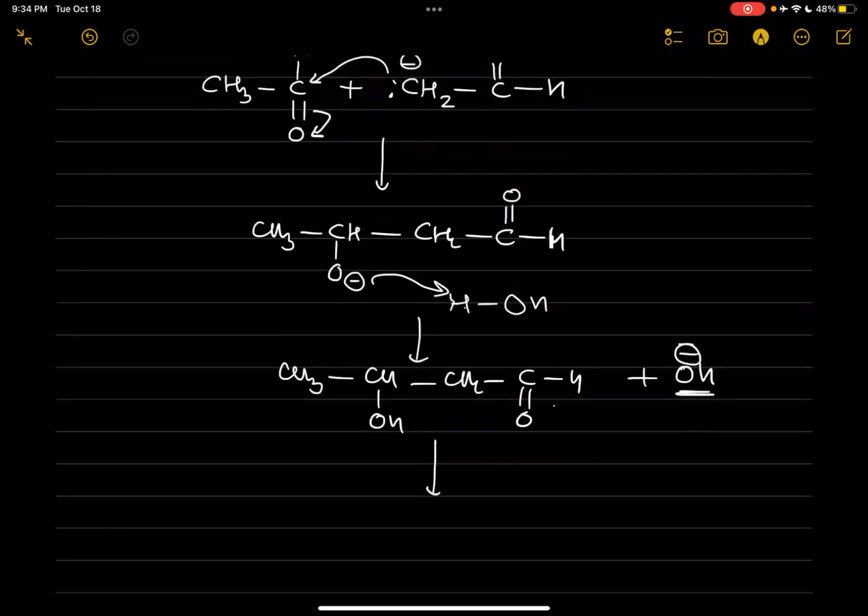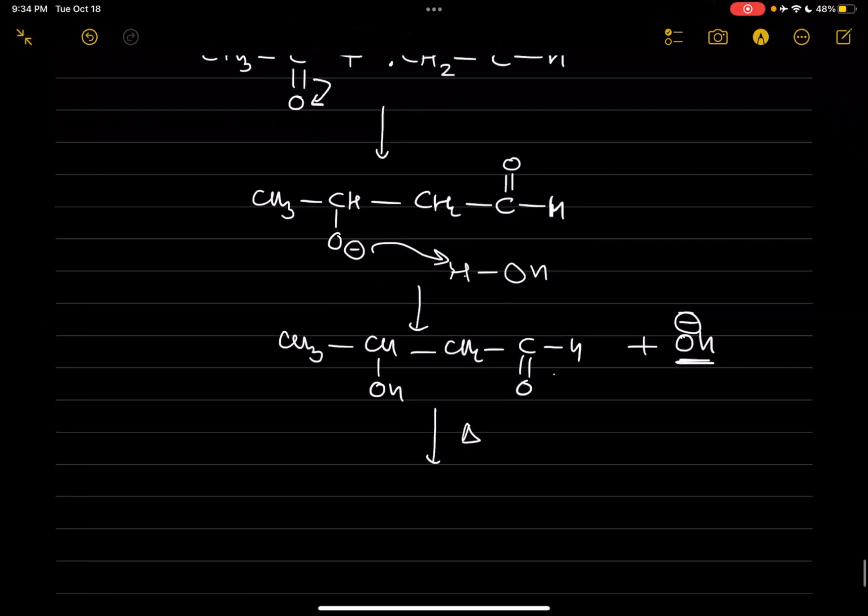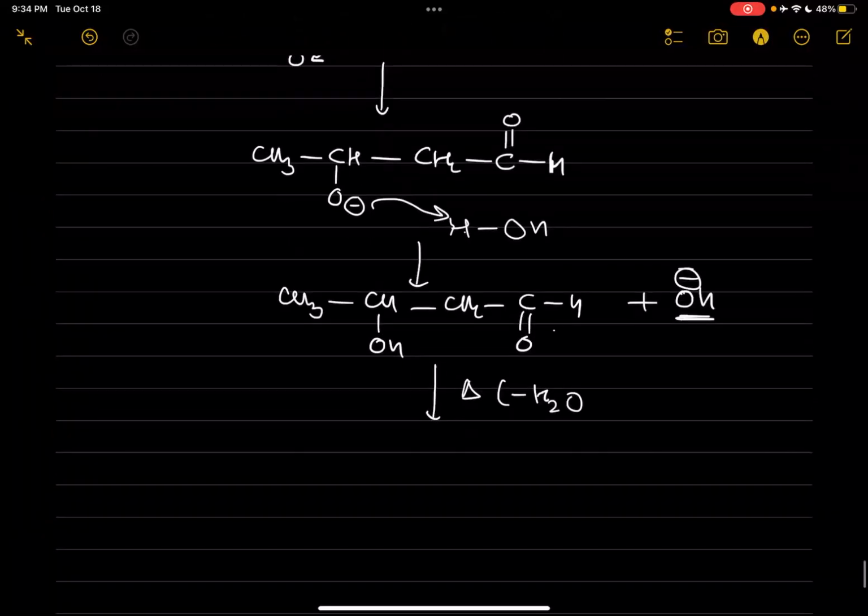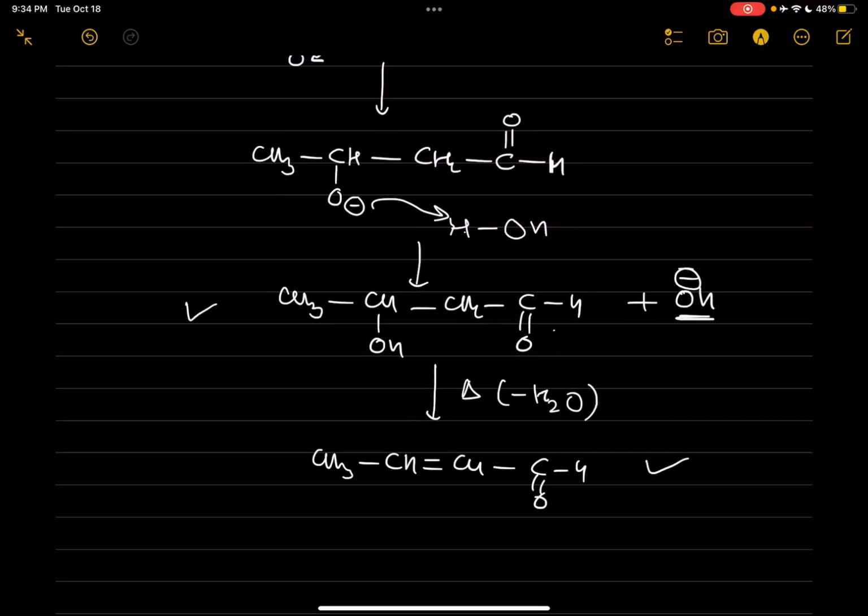And if you apply heat, the water will be removed and you will end up with an alpha beta unsaturated compound. This is the final answer if heat is given, but otherwise if heat is not given, then you will use only the upper one as the right answer.